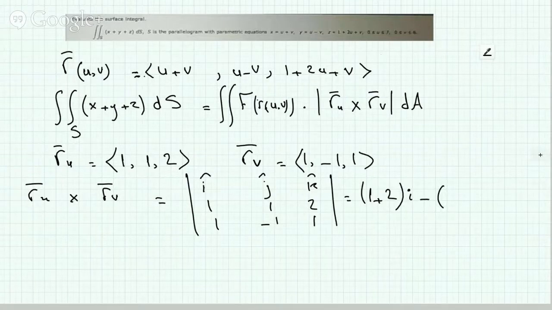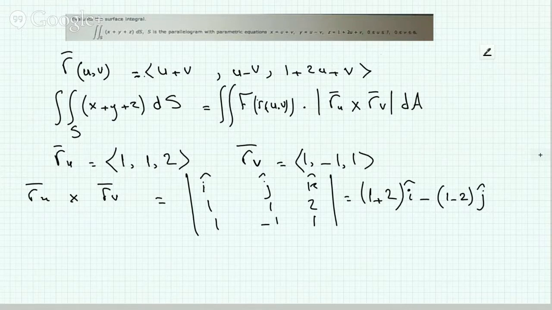You hide the second column, first row, and you take the determinant of the remaining matrix. So that matrix is 1, 2, 1, 1. So you get 1 minus 2, in the j. And hide the third column, first row.